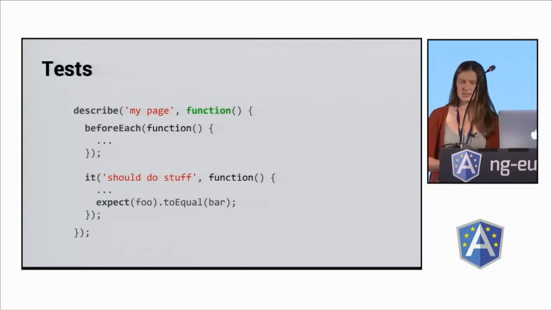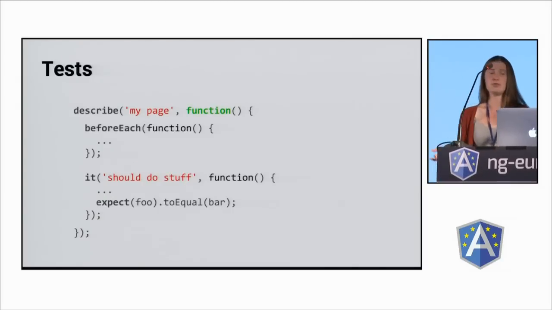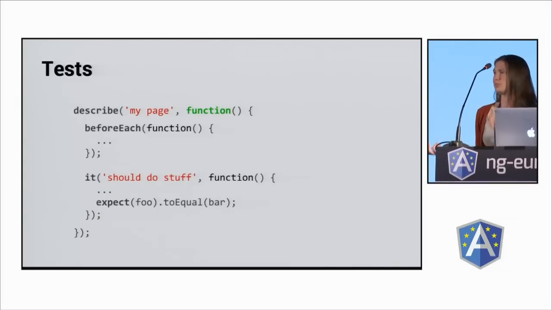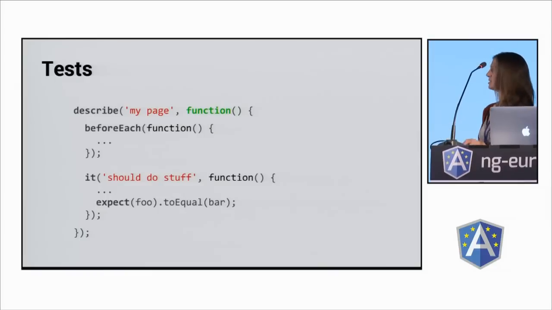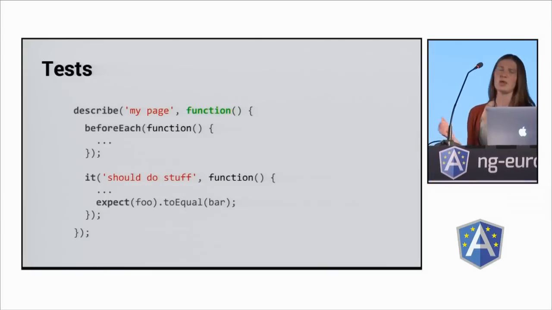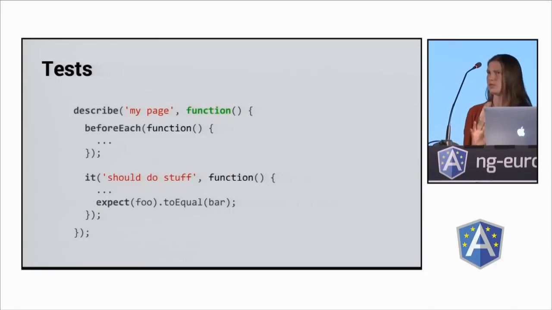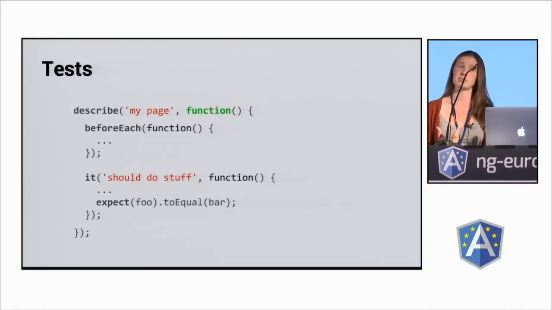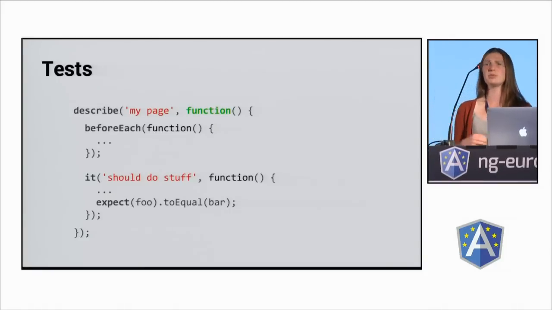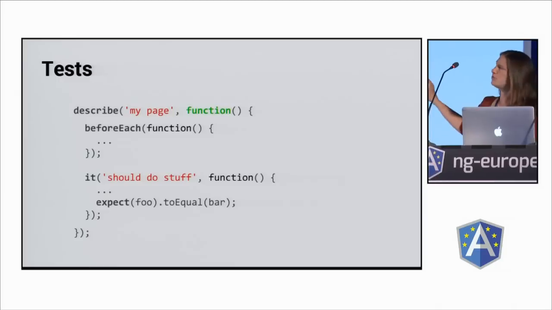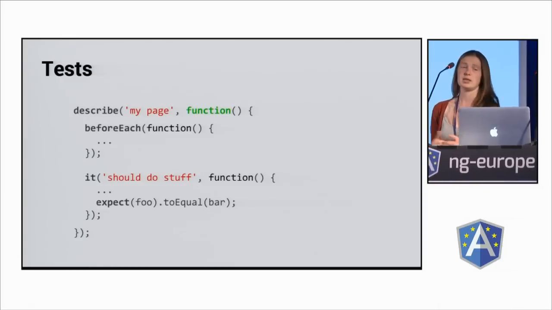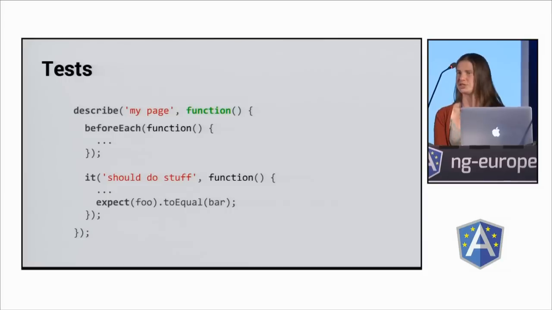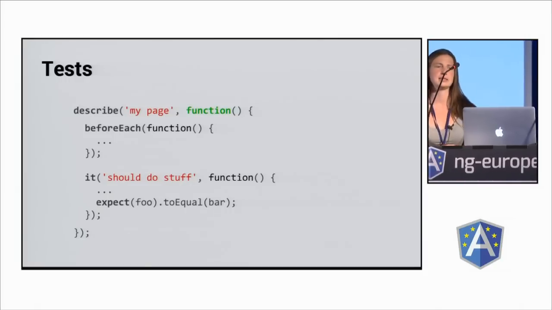OK, so let's take a look at the actual test body. So to keep tests for end-to-end easy and familiar, we try to borrow as much from unit testing as possible. So the Jasmine syntax is the primary syntax that we develop for on Protractor, although you can switch to others if you are more comfortable with that. But for Jasmine, we've got these describe blocks, beforeEach and it, and then expectations, which work just like they would in unit tests, with a little bit of patching to make async work behind the scenes.